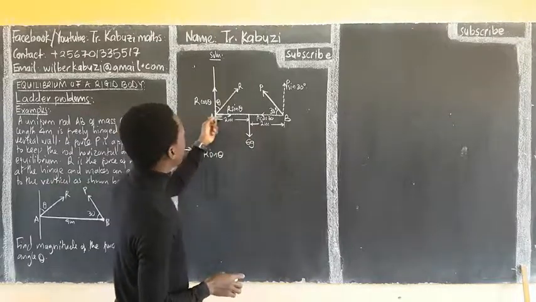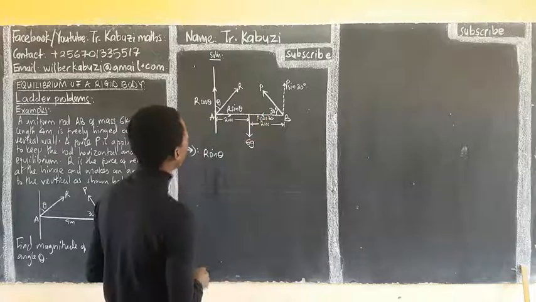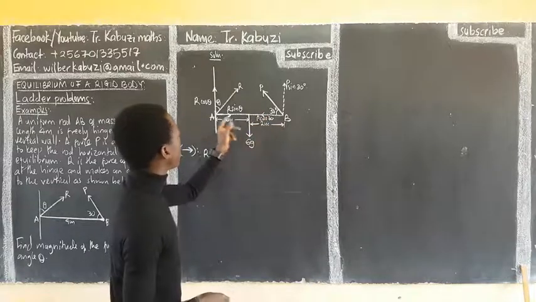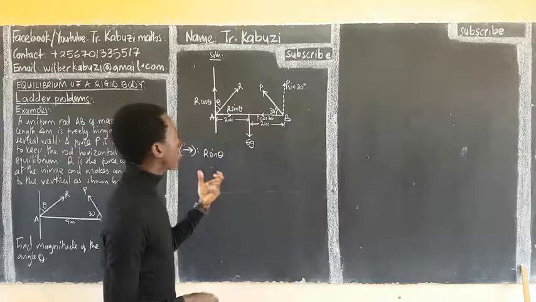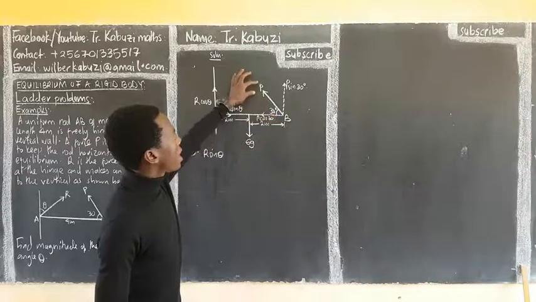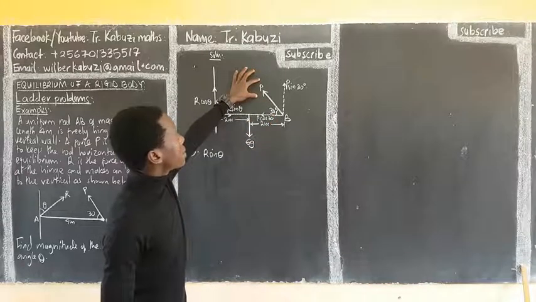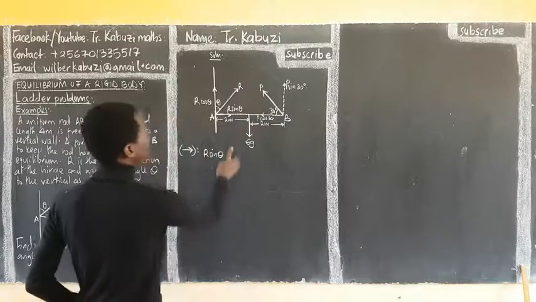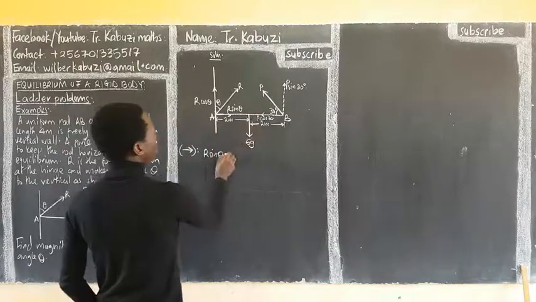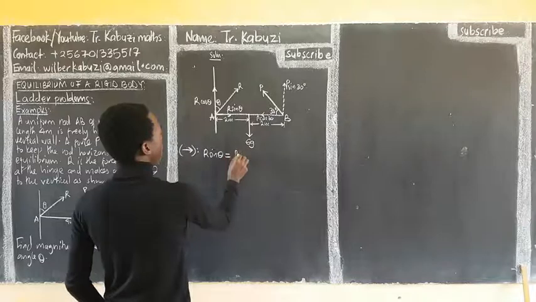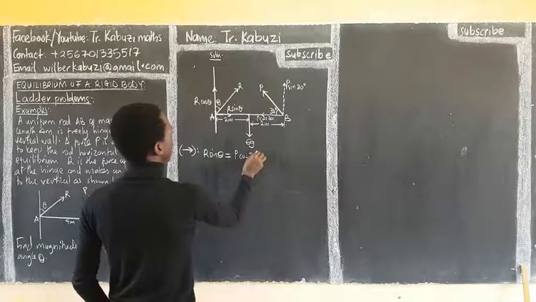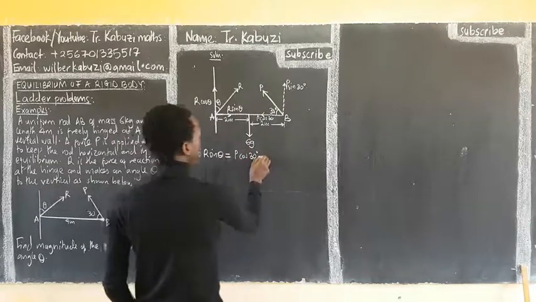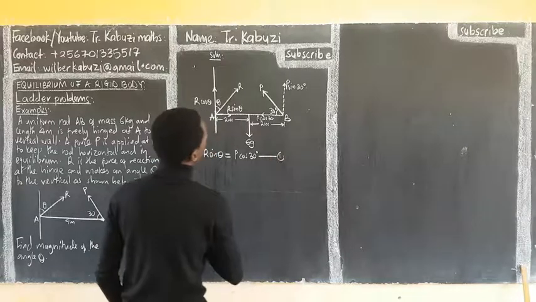It means that this one is equal to this one coming this side, because this rod is being held by this force to keep it in equilibrium. So this force is equal to P cos 30 degrees. We call this equation 1.